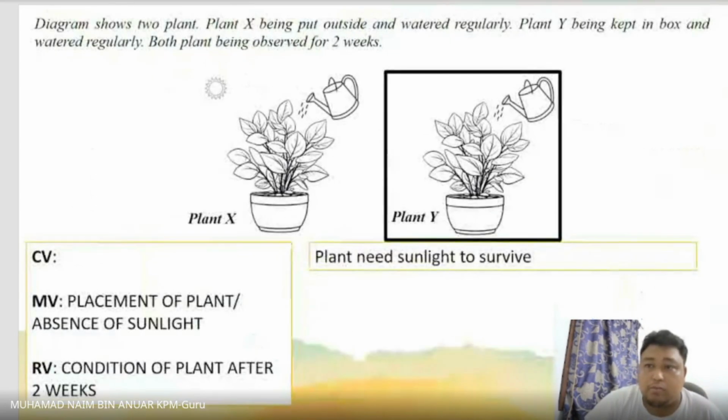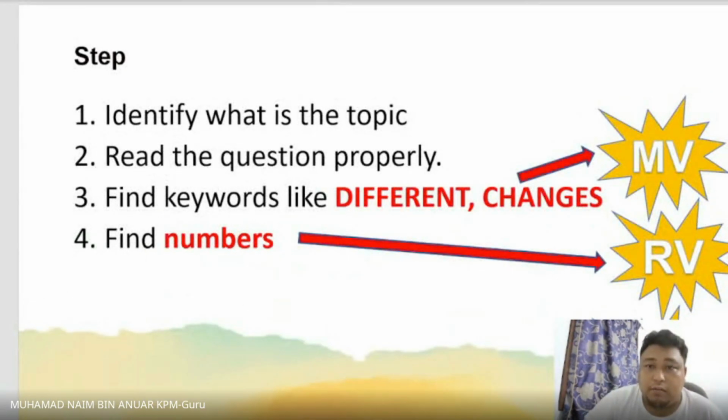Try to remember how to do that, and try to remember the steps in answering the question. This is the step that I think if you follow, you can do.